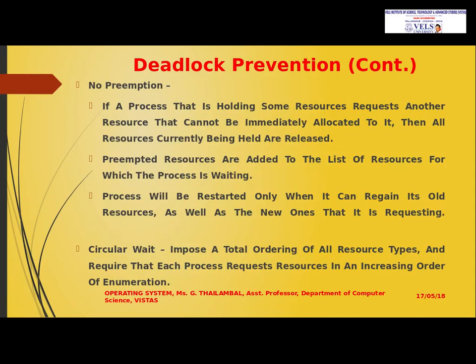And the next one is no preemption. What is no preemption? If a process is holding some resources and it requires the next set of resources which are held by another process, you give it some time, you don't allocate it immediately. Also, the preempted resources cannot be given to each and every process as such.